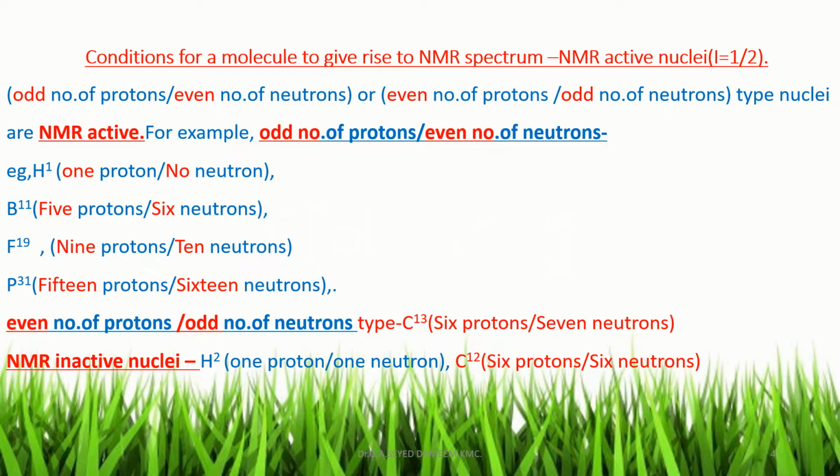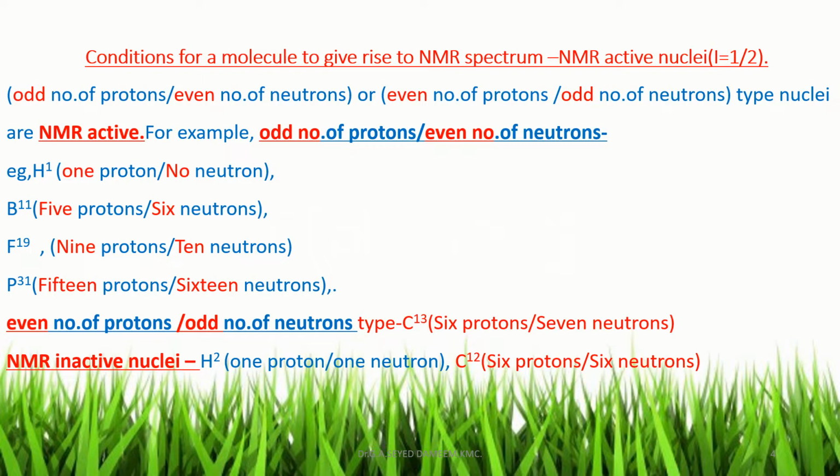The mass number is 13, and 13 minus 6 gives 7 neutrons. So this is an example for the even-odd type. The C13 nucleus consists of 6 protons and 7 neutrons. This type of nucleus is also NMR active. That is, odd-even type or even-odd type.